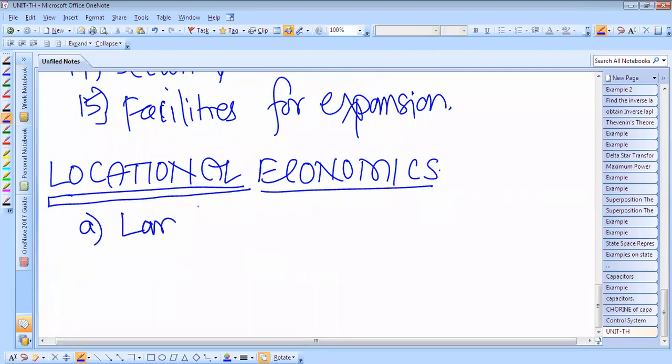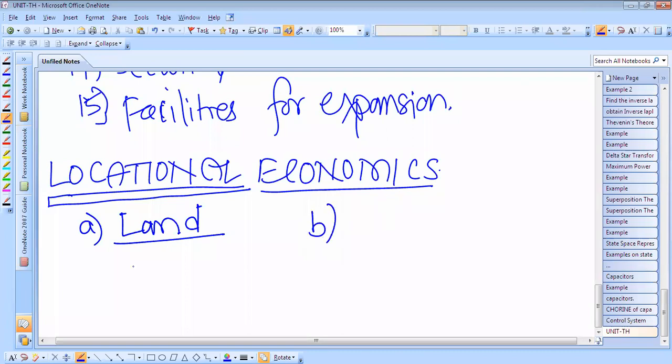Land plays a very important role, meaning if the land is costly, then your capital investment is definitely going to increase, and therefore the production cost will also increase. It will add more to the distribution cost also. So the land is very important.